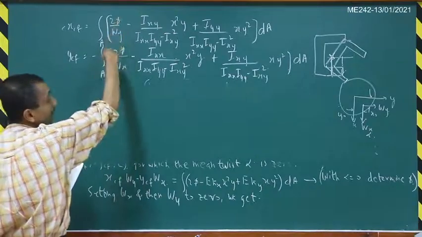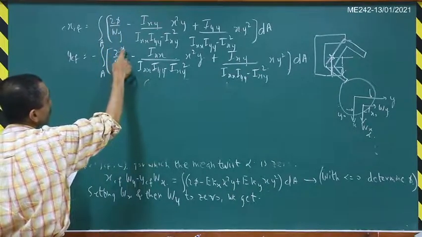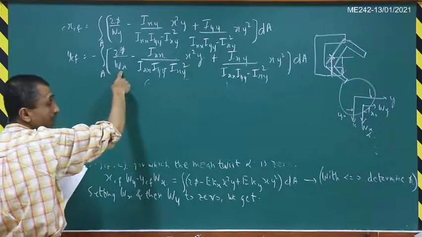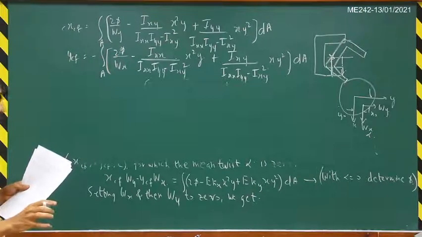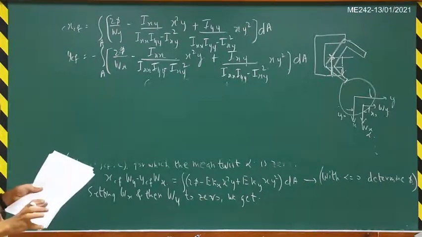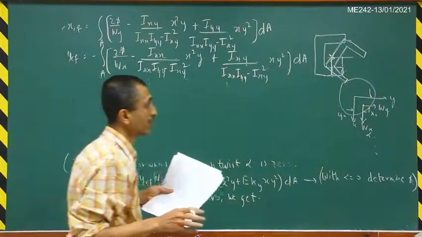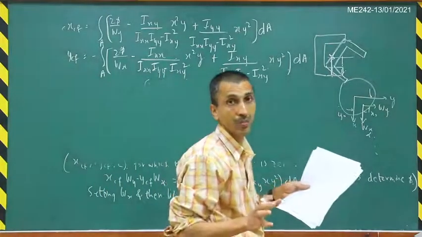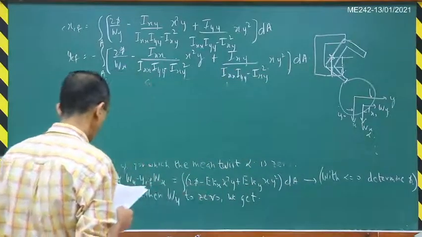So actually it will cancel. Even in this particular case, the phi will be proportional to wx, and that will also cancel. So finally, the shear center does not depend on the magnitude of the load. It's just a property of the cross section and the material properties, like the Poisson ratio. So that is something that you have to remember.